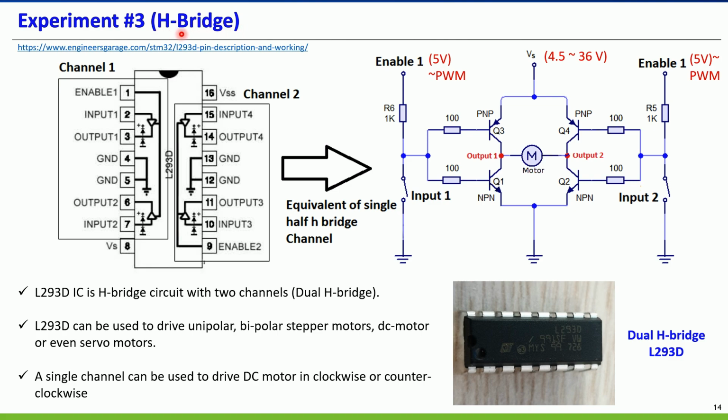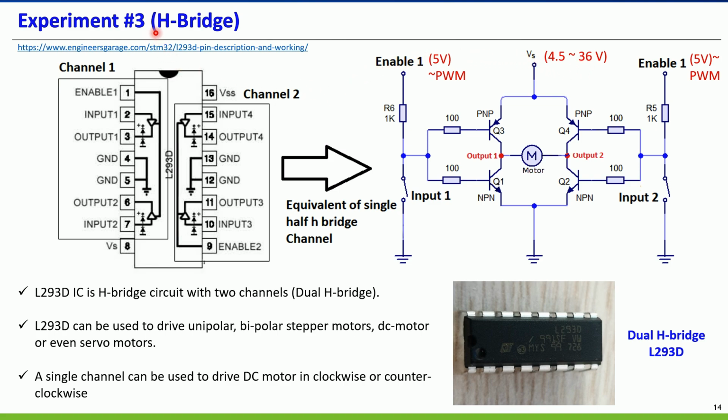In this case, using an H-bridge, you can drive a variety of motor outputs in the range of low voltage to high voltage.